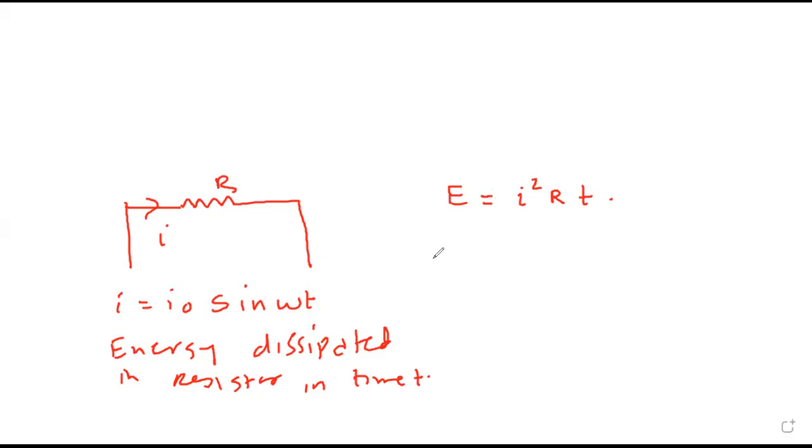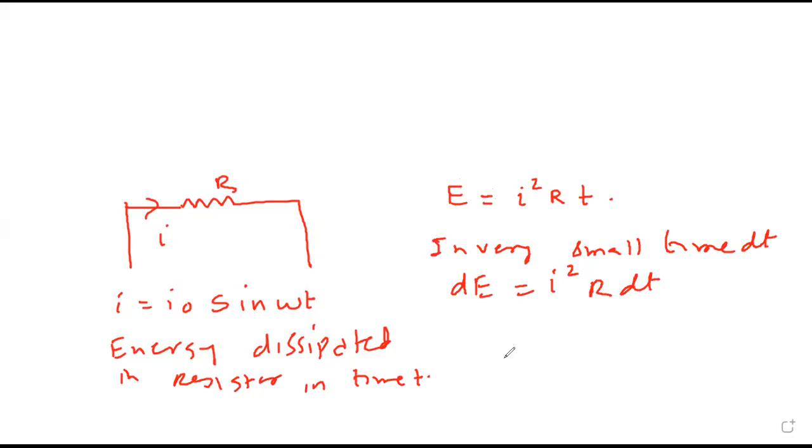Now this I is the instantaneous current we are talking about. So in very small time dt, can I say dE will be I square R into dt? Because for a very small instant, I is constant, otherwise it is varying in nature. Okay?